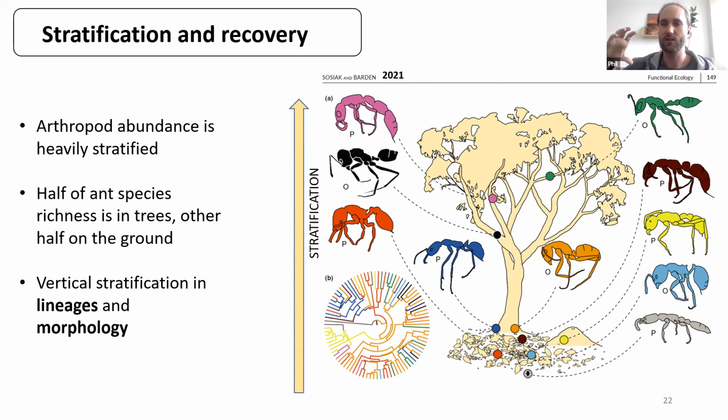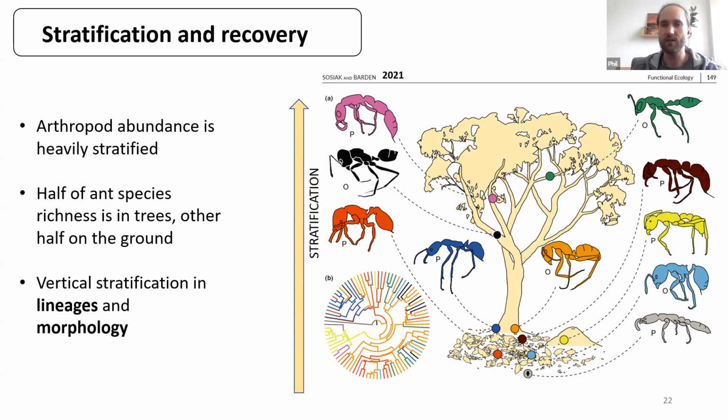And this stratification is not only in the species themselves, but it's also different lineages, and they have really different morphology and presumably ecosystem function. So vertical stratification seems to be important to consider, especially for ants, where roughly 50% of the species live in the trees, the other 50% on the ground.